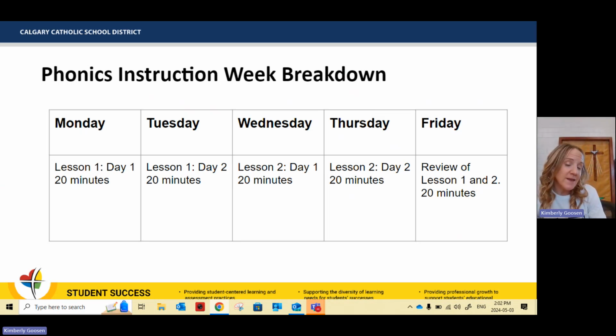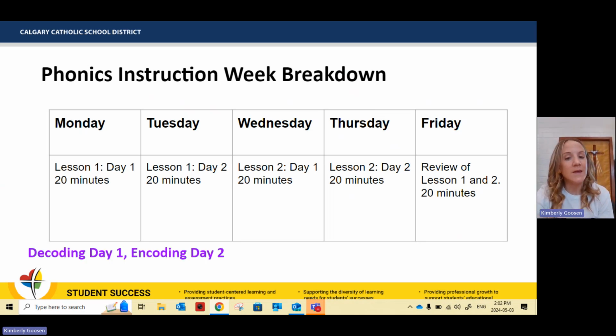So you would start your lesson on Monday and finish it on Tuesday. Then you would start a new lesson on Wednesday, finish it on Thursday, and Friday would be a review of that entire week. Now with the slides, you'll see that you could do it where you are decoding on the one day, and then the second day you're encoding. Really up to the teacher.